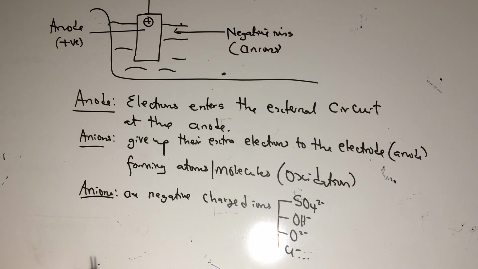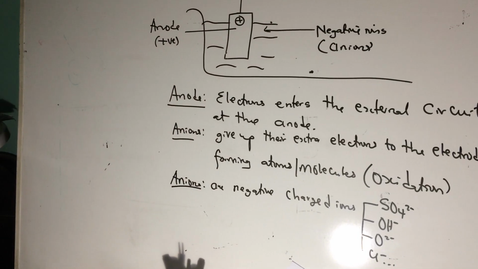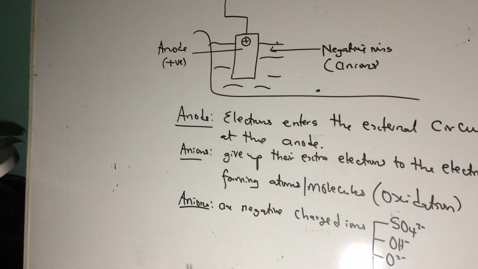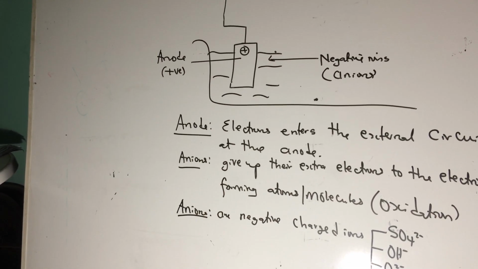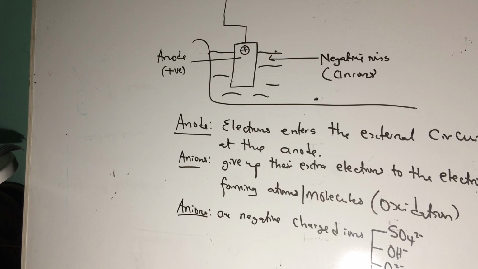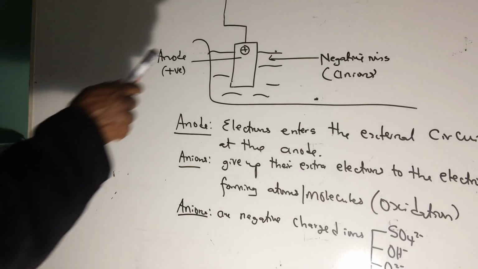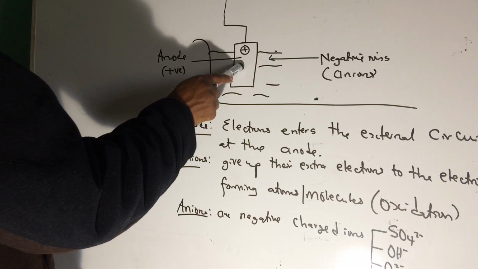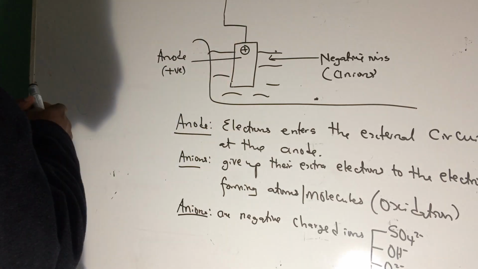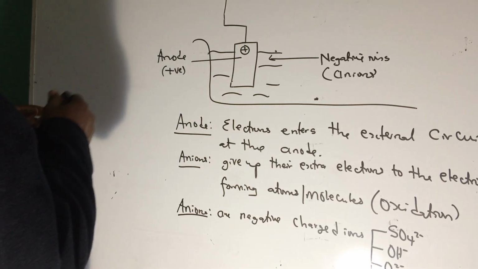Don't forget. Let's look at how this actually happens, from the cell diagram. As you can see, the electron enters the external circuit at the anode.